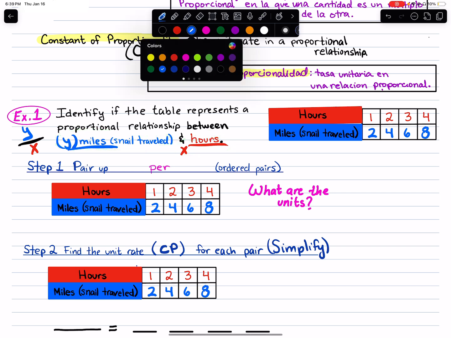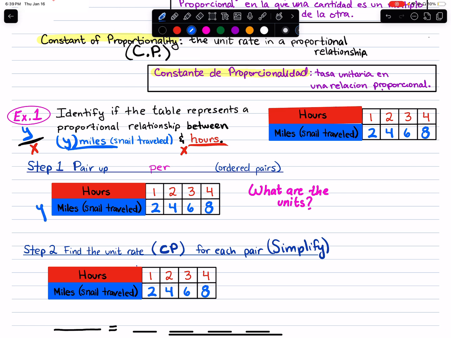So let me actually mark these. Y goes first, x goes second. Or you can just say it's going to be miles per hour. First one's miles, second one's hours. Now I'm going to circle all of the pairs because I don't want to get confused and think that one pair is not with another pair.